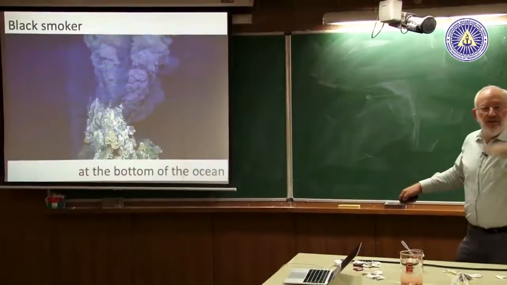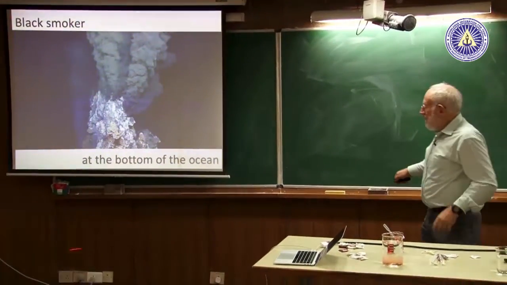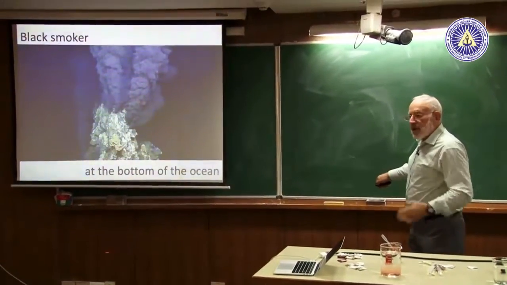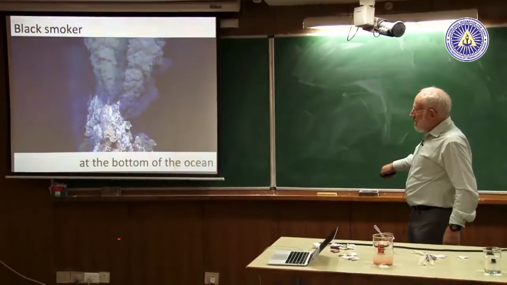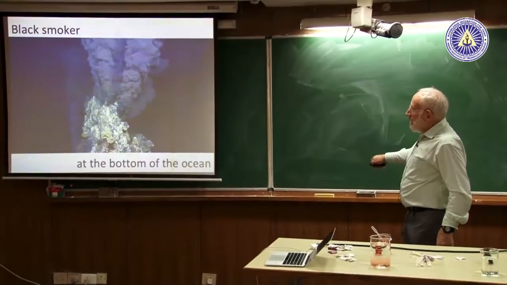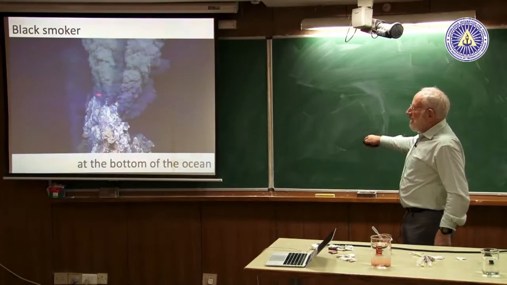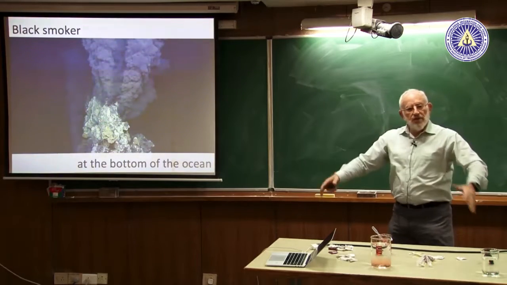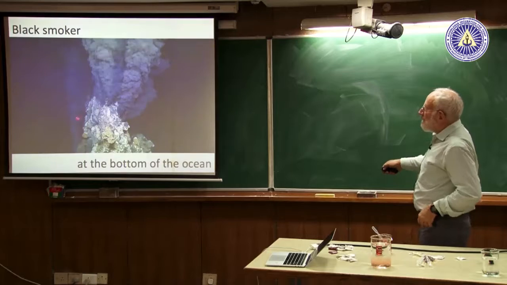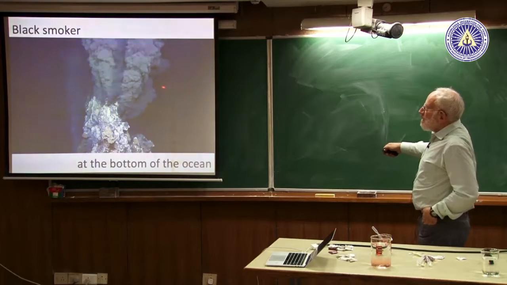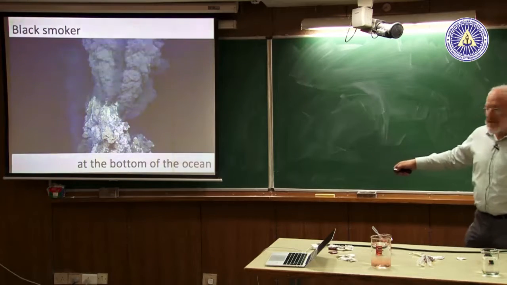But then there's convection, just as we talked about yesterday. It gets lighter because it's heated, having taken out some of the sulfides. It comes up to the top of these crystal piles or rock piles, and then it gets cooled enormously by the seawater and deposits its sulfides.